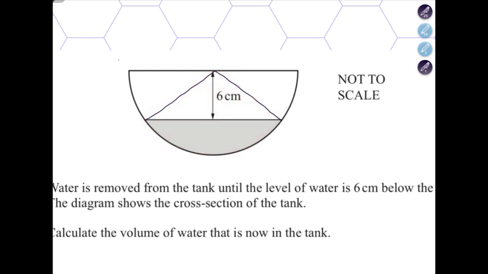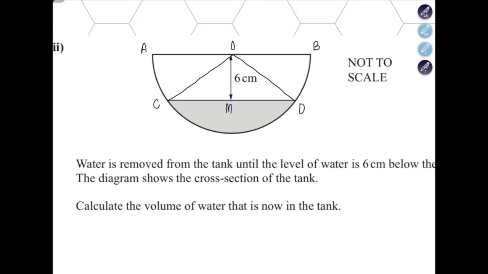You can give it any letters, but I'm giving it A, O, B, C, M, D. In the marking scheme, they chose these letters. What you need to do is find the volume of this sector, COD, and subtract the volume of the triangle.